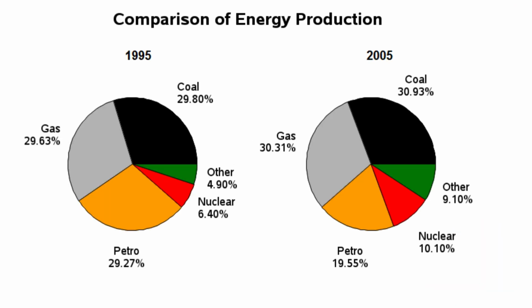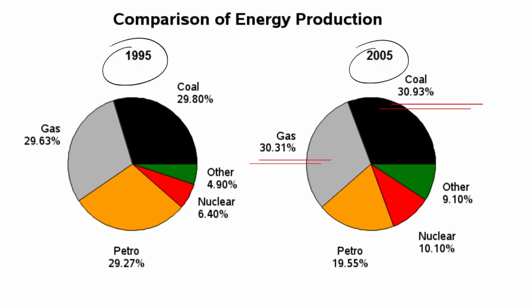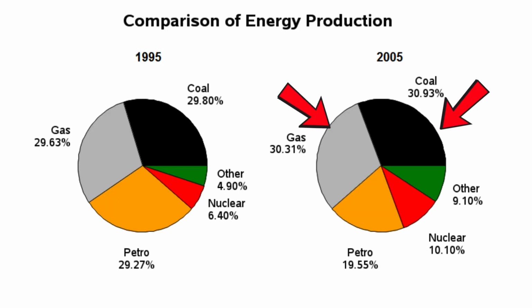Let's take a closer look at energy production in France across a decade, 1995 to 2005. The two pie charts break it down into 5 main sources: coal, gas, nuclear, petrol, and other energy sources. Right off the bat, we can see that coal and gas were the big players in both years, making up over half the total energy output.